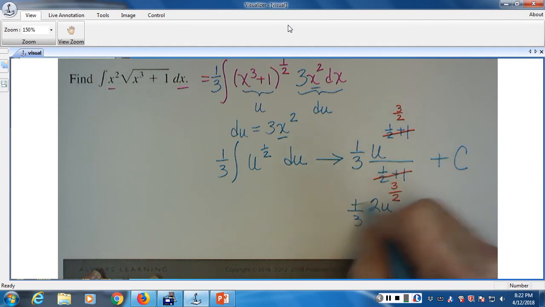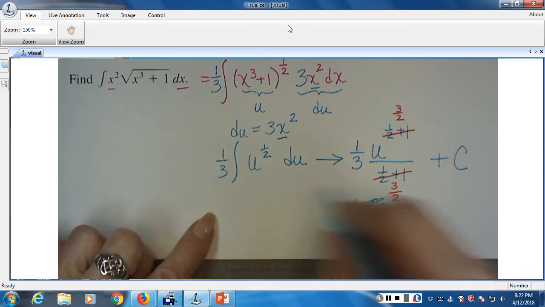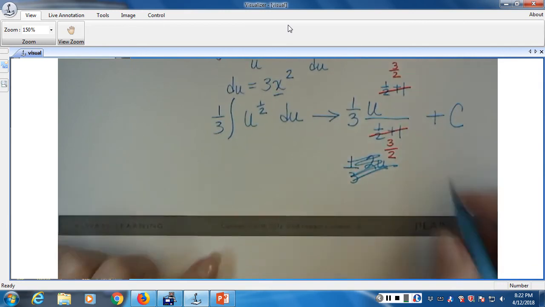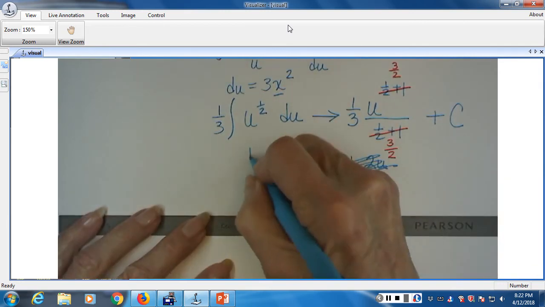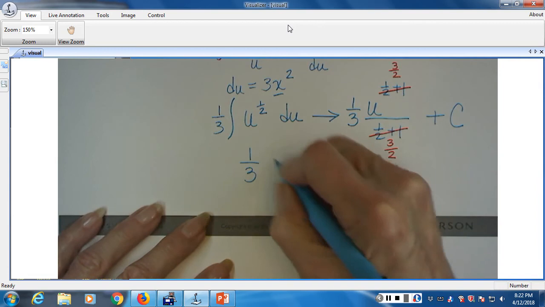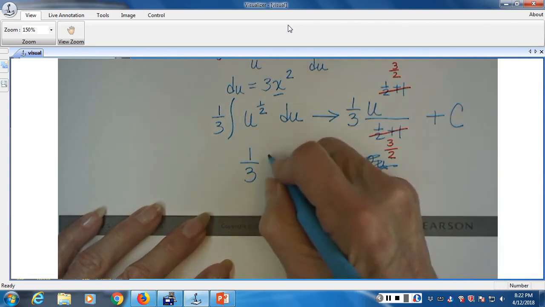I need to figure out where to put that, so I think I'm just going to come over here because I didn't leave myself enough room. So the 2 is going to come up here with the u.